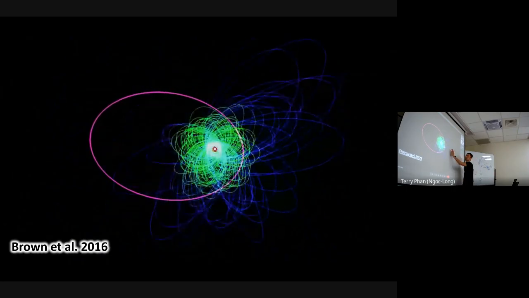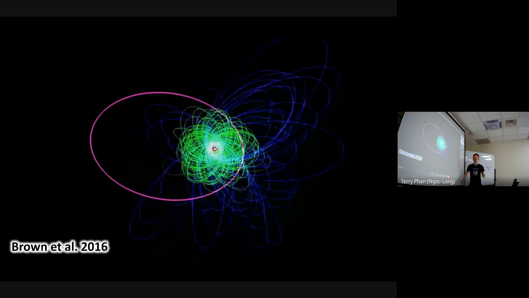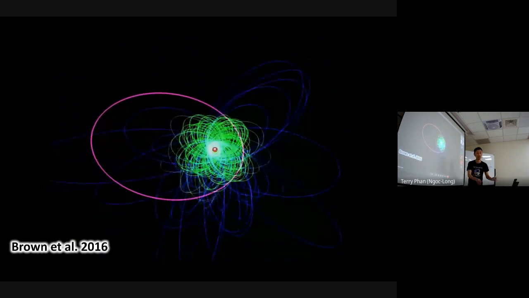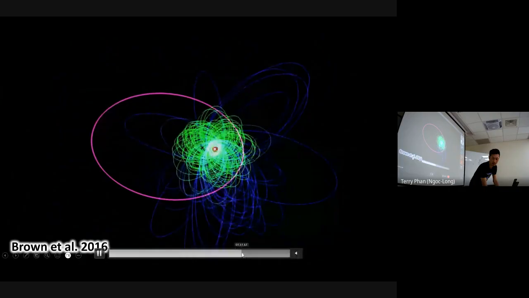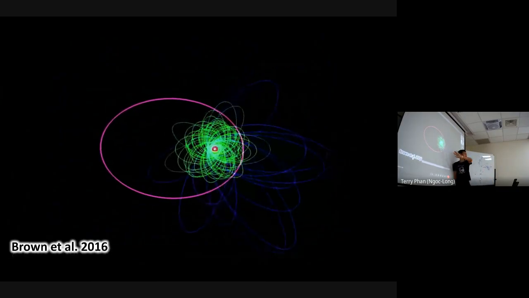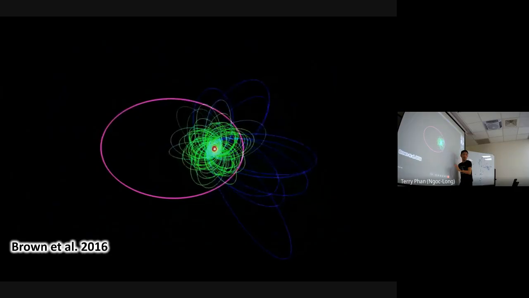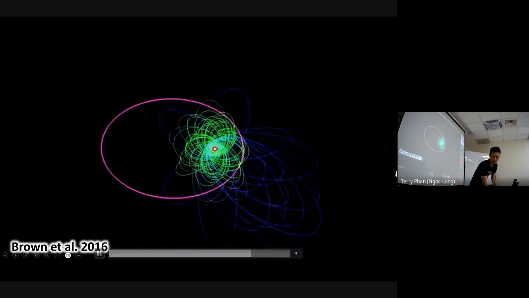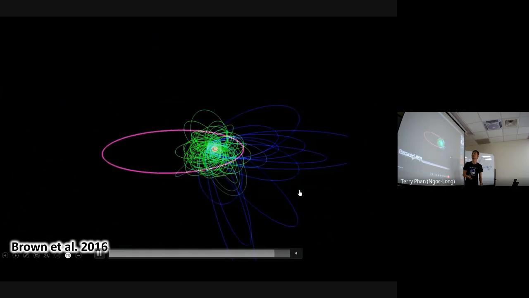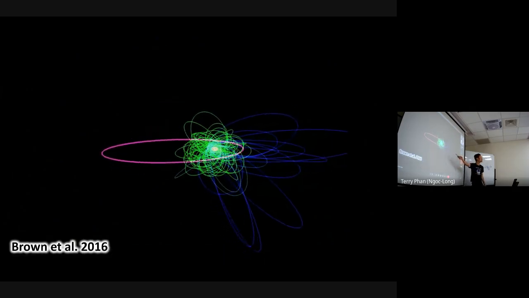But the objects on this side can survive because the orbit is not overlapping with planet 9. At the end of many years of simulation, the objects here gradually disappear, and only the objects on this side are surviving. Then at the end of the simulation, it looked like the clustering that we saw.